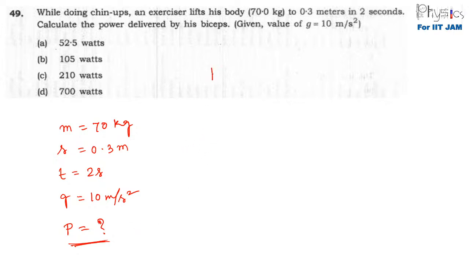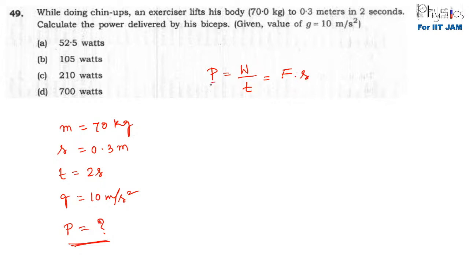Now, what is power? We know that power is work done per unit time. Right? Now, what is work done? Work done is equal to force multiplied by distance.